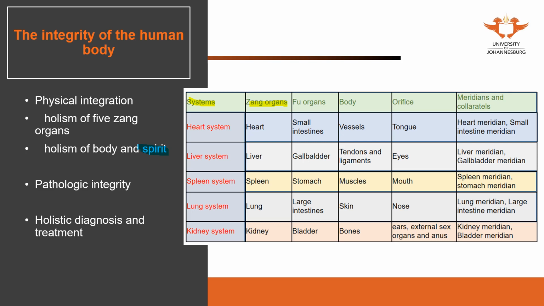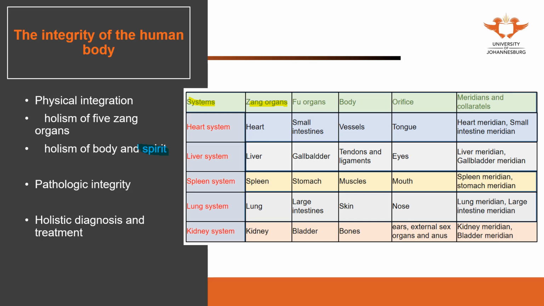The integrity of human body itself also reflects in the pathologic integrity. So in physical body, the function of different organs, they work together, they can't separate. When we see the function of one organ, you also need to realize that this function includes the other systems.